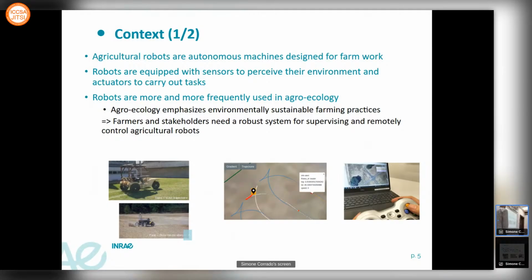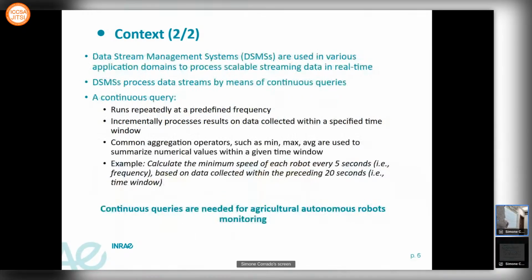It's quite European stuff. So the idea is to have a system where you can see the robot from a distance, and maybe guide it with PlayStation-like controls. This robot generates a lot of data in real time, and this data is usually handled by what we call a data stream management system.